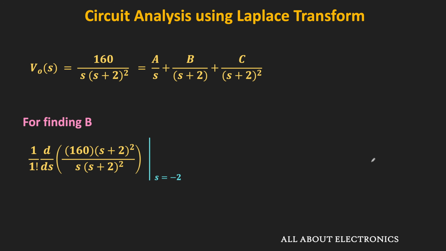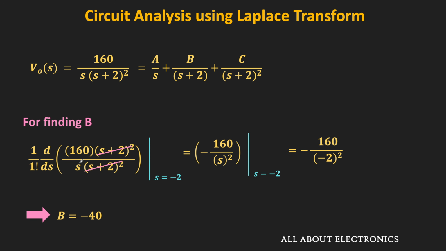Here, the (s + 2)² in the numerator and the denominator will get cancelled out. Now, if we differentiate 160 divided by s, then we will get minus 160 divided by s². If we evaluate this at s equal to minus 2, the value of B will come out as minus 40.